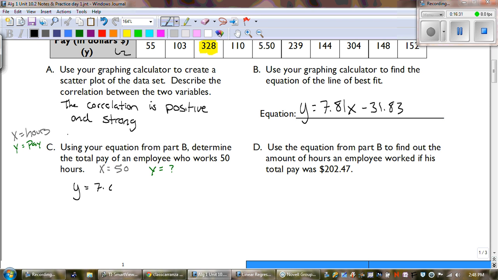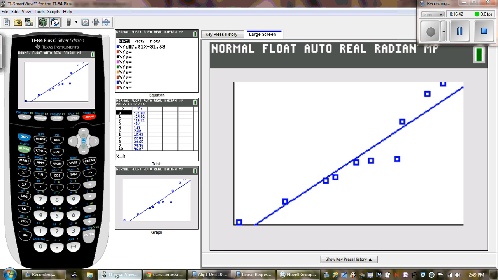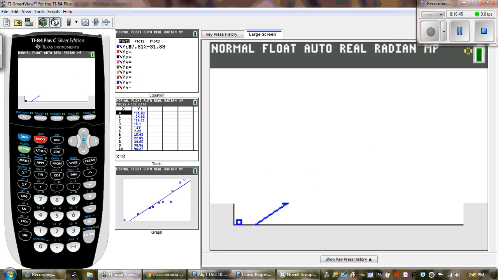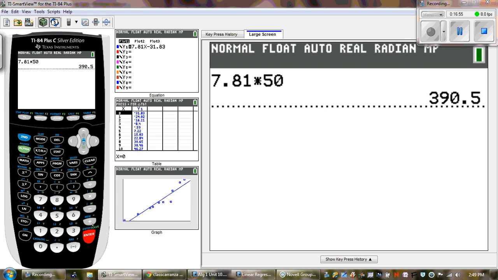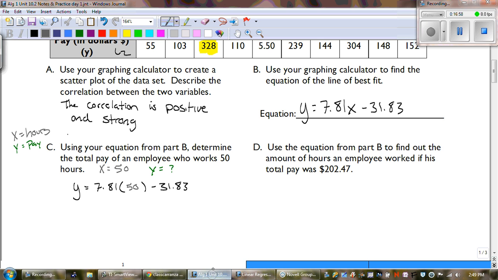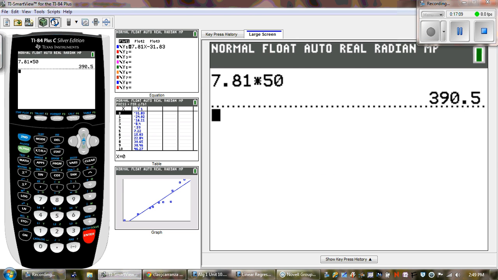Yeah, we're just going to plug into the calculator. Y equals 7.81 times 50 minus 31.83. Okay, and we can use our regular calculators for this. I want to get out of this screen, so I'm going to quit. And I've got 7.81 times 50. That gives me 390.5, sorry.